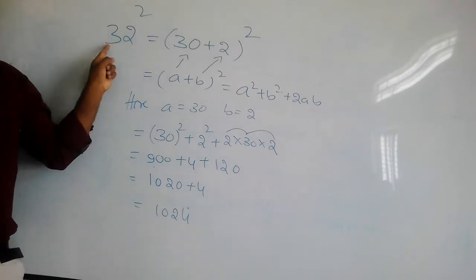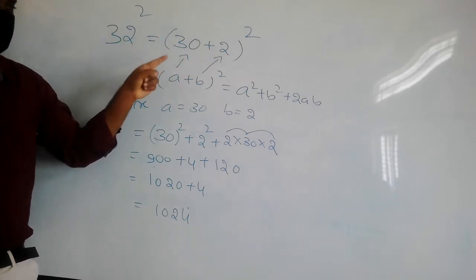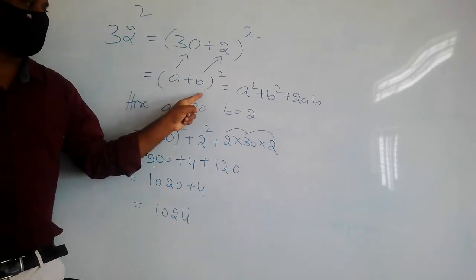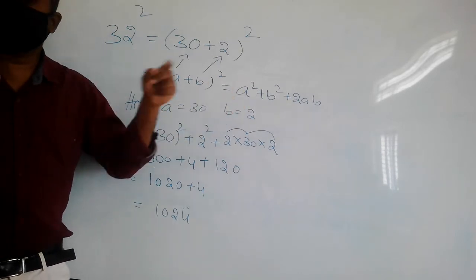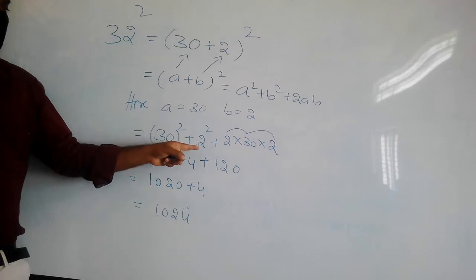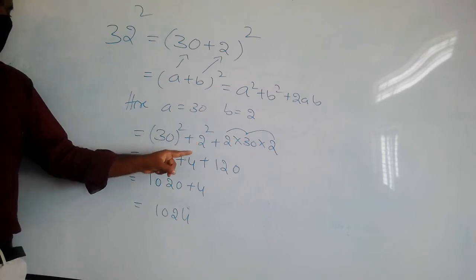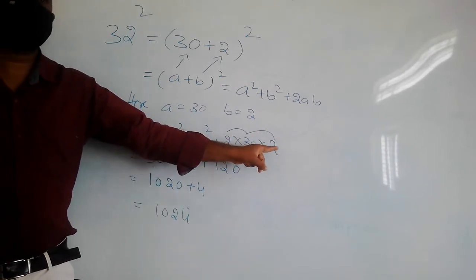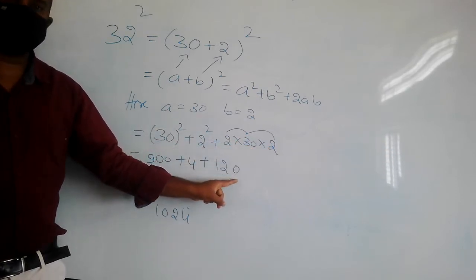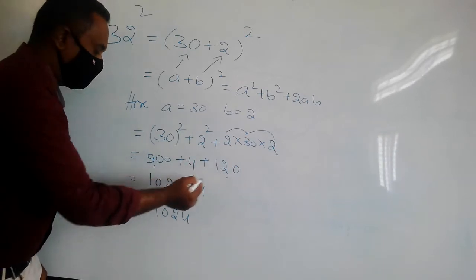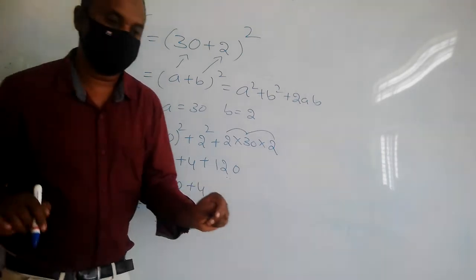Now 30 plus 2: here addition is there, 2 is added to 30, so I use a plus b whole square, which means a square plus b square plus 2ab. a equals 30, b equals 2. 30 square means 900, 2 square means 4, 2 into 30 into 2: 2 3s are 6, 6 2s are 12, so the 0 stays as it is. 900 plus 120 is 1020, plus 4, 1024. Clear?